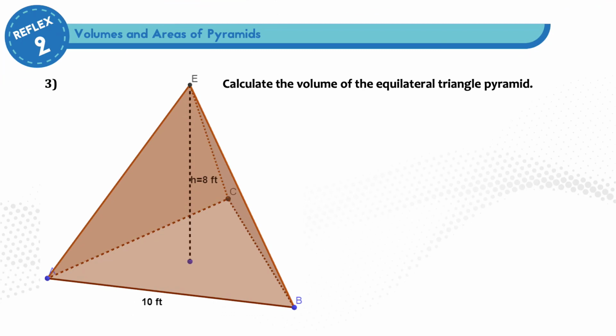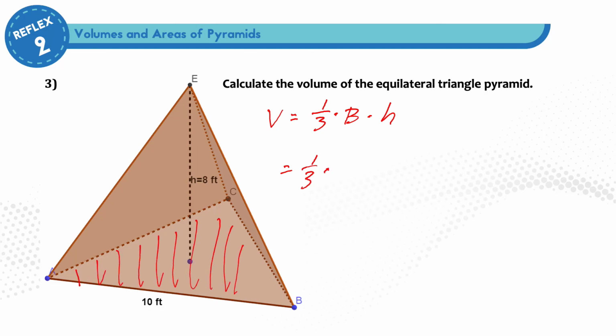Number 3, calculate the volume of the equilateral triangle pyramid. Okay, the volume of a pyramid is equal to 1/3 times the base area times the height. So that is equal to 1/3 times the base, which is the area of the equilateral triangle. Remember, there's a formula for that. That is the side, or in our case, 10 squared times square root of 3 divided by 4.